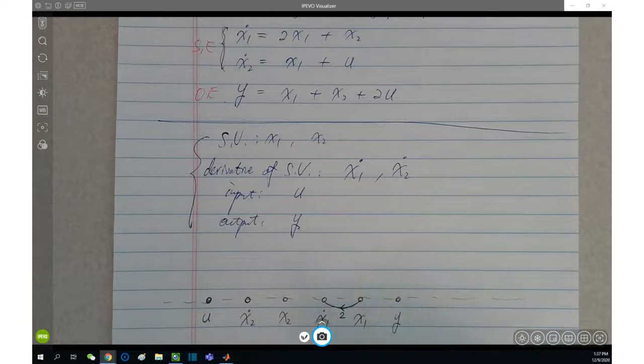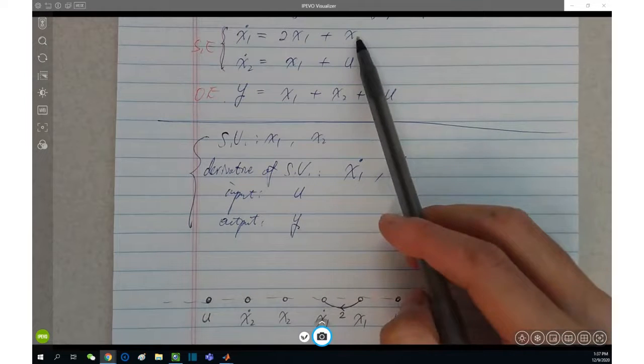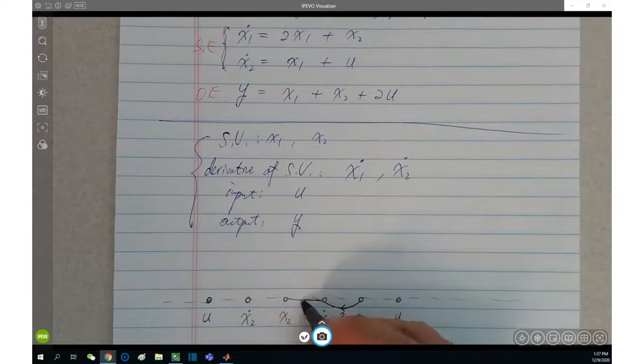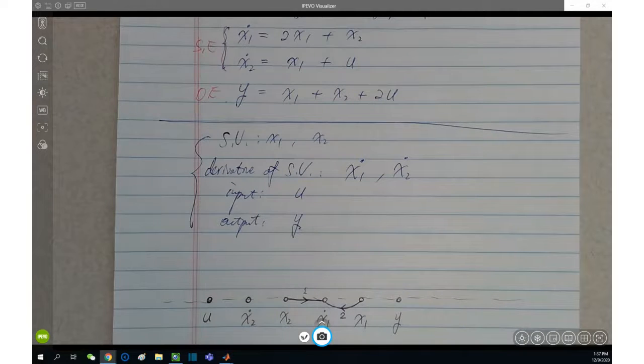Besides, you have the contribution from x2, right? x2 is here. x2 is directly going forward with a gain of 1. You can definitely use the concept of gain.